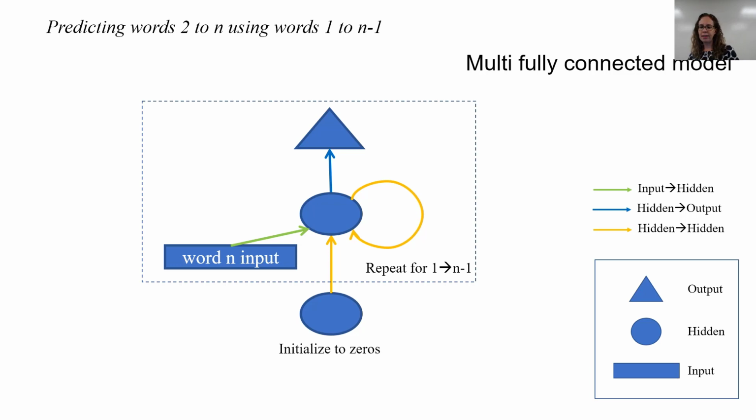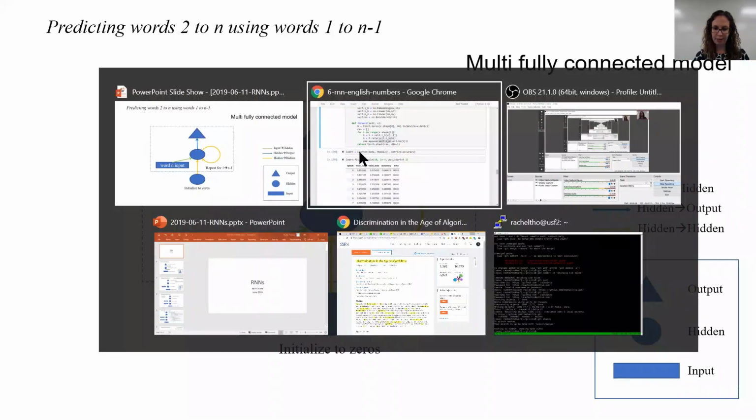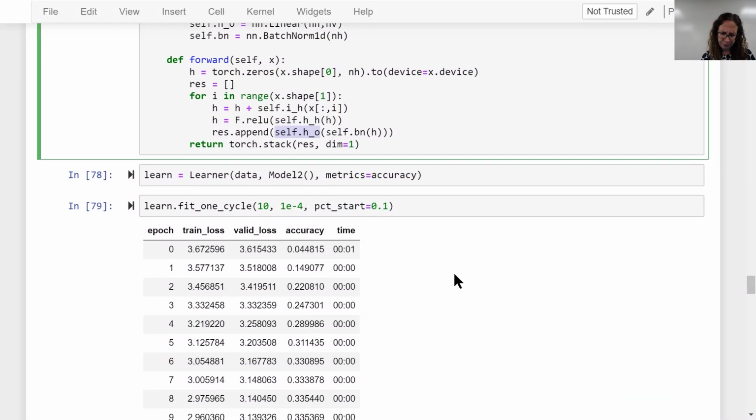So what would you expect this to do to our accuracy? Yeah, I see some people pointing up. So in some ways, this is going to have an effect of improving our accuracy because we've added a lot more data. Although in some ways, we also have a harder task, because when we're predicting word 4, we only have 3 pieces of history, whereas previously we always had 70 steps of history before we predicted the 71st.